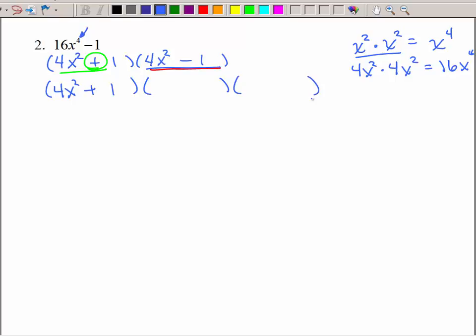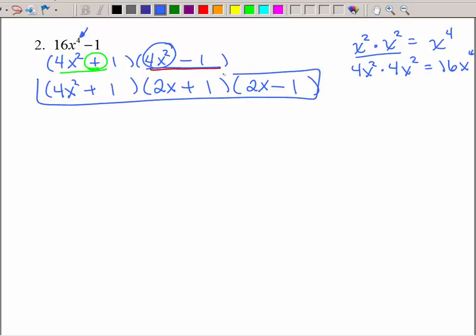So we have two more parentheses because that's the difference of two squares. Again, I like to put my plus and then minus. What multiplied by itself is 4x squared? 2x times 2x, and of course 1 times 1. And once again, can you go any further? No, those are all prime factors. We're done with that one.